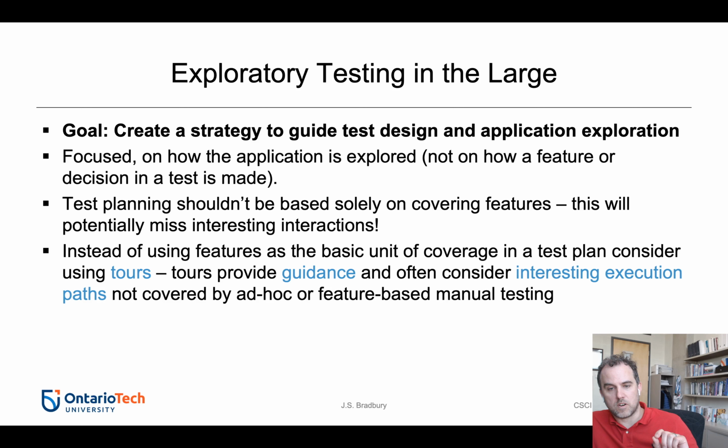And that's why when you're doing test planning, it shouldn't solely be based on covering features, covering paths, covering different elements, because this misses interactions. You're interested in thinking often outside the box about interesting ways that this software may be used in practice and possible ways it could go wrong.